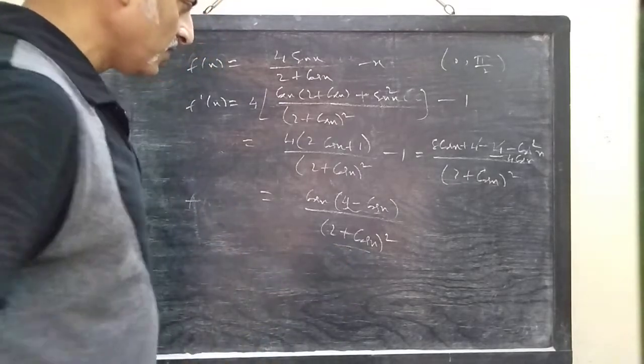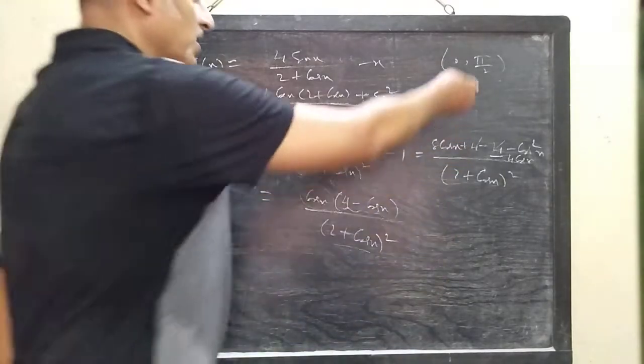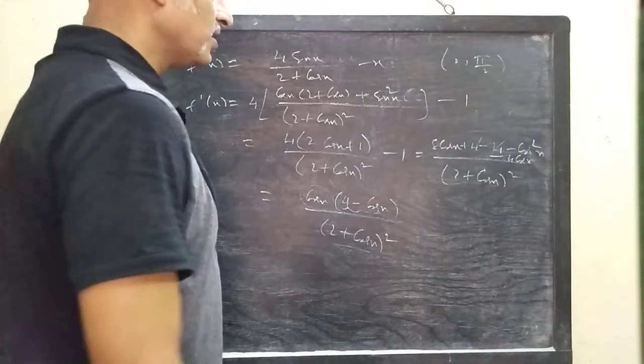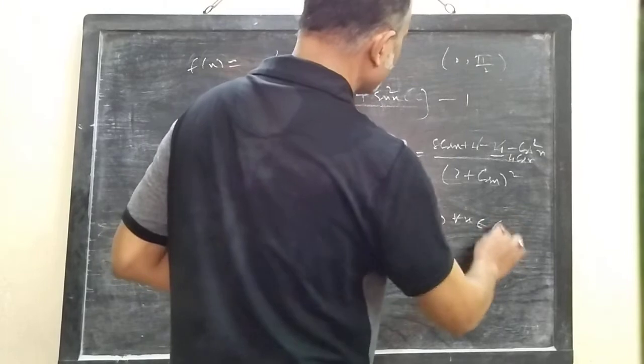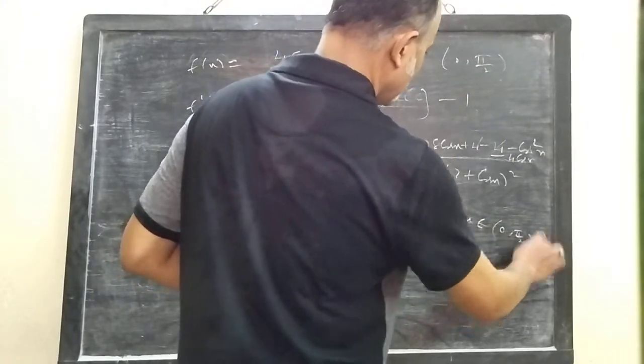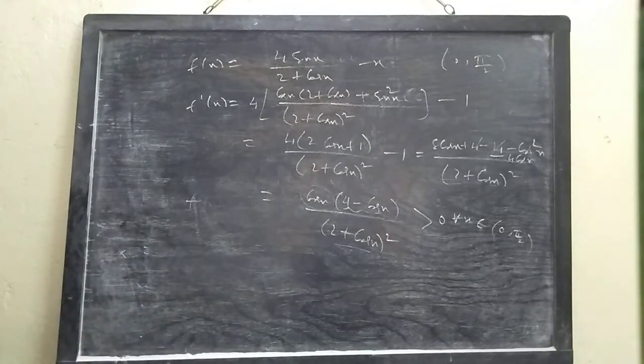This is also positive, so the sign of f'(x) only depends on cos x. Your given interval is 0 to pi by 2. Here cos x is positive, so you can write this is greater than 0 for all x belongs to 0 to pi by 2, so you can conclude f(x) is increasing in 0 to pi by 2.